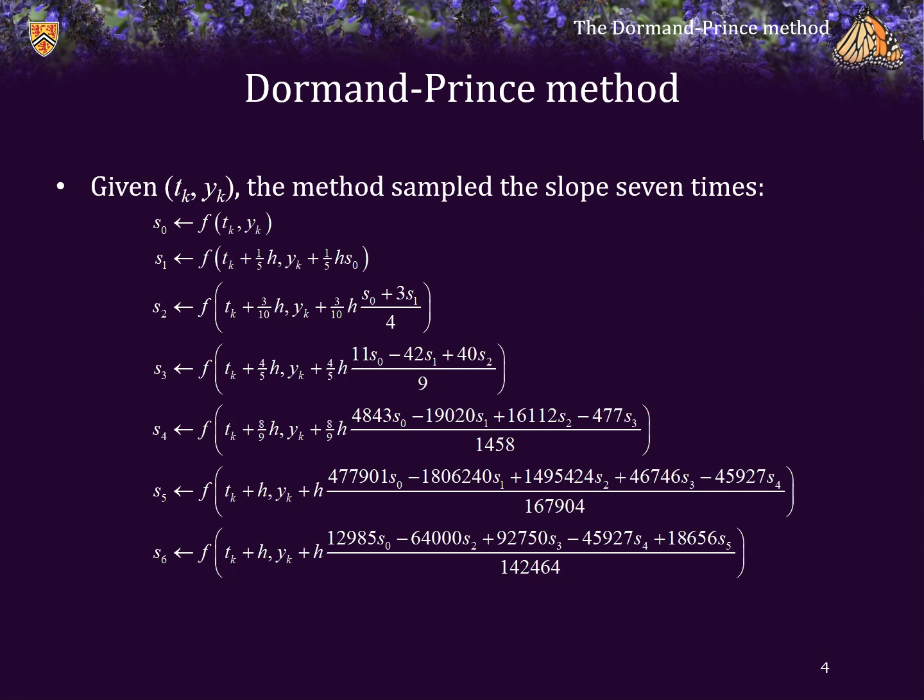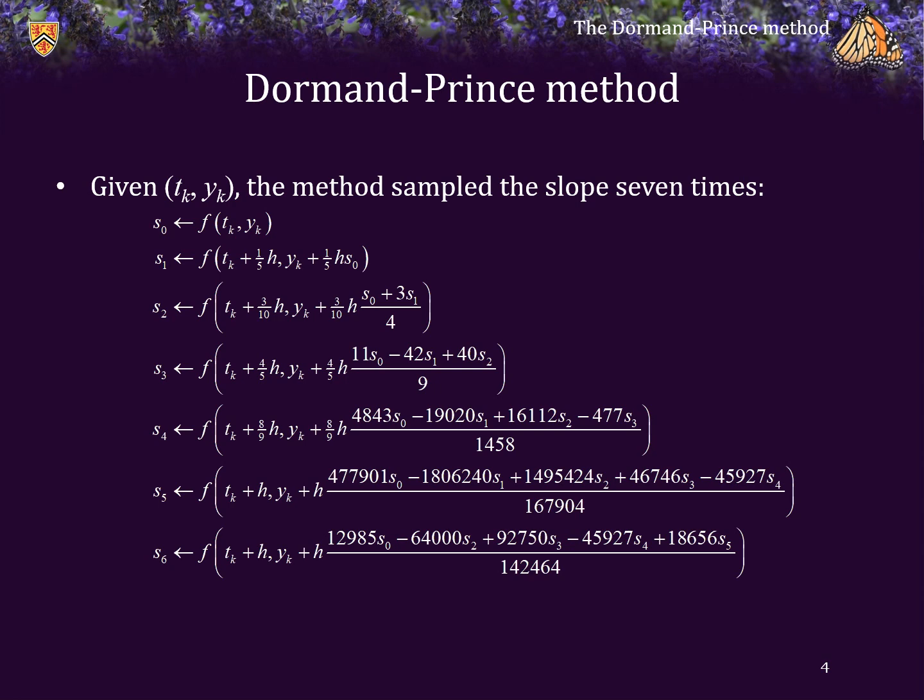Now, you're going to notice that the samples are always linear combinations. So, for example, when calculating S2, 1 plus 3 is 4, so that's actually a weighted average of the first two slopes, S0 and S1.